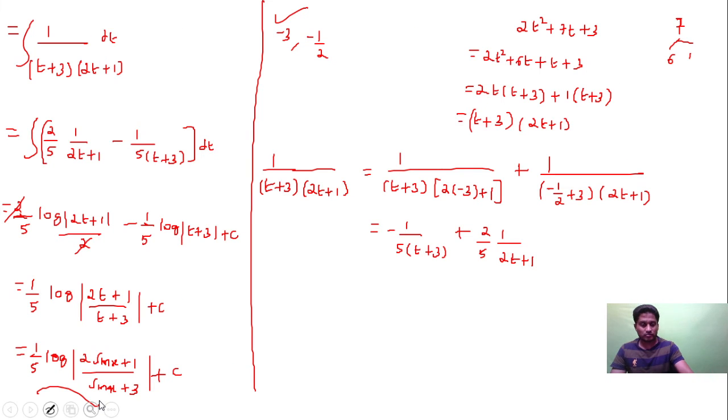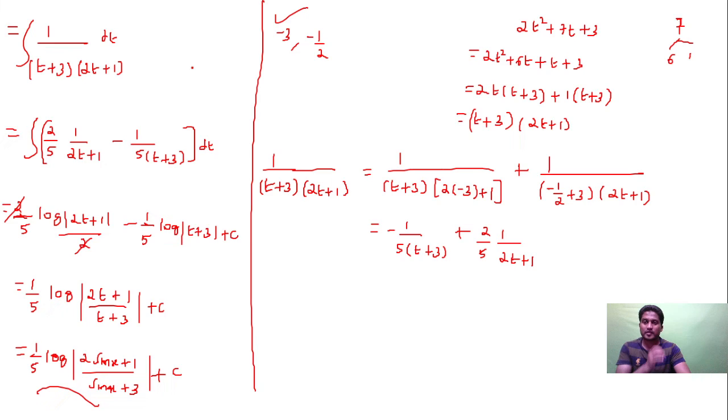A is equal to 1 upon 5. B of theta is equal to 2 sin x plus 1 divided by sin x plus 3. I am supposed to find out what is b of theta upon a.